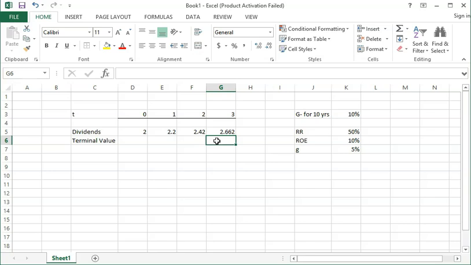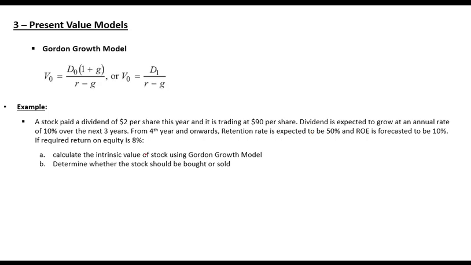Now I will calculate the terminal value. The formula would be this dividend multiplied by 1 plus growth rate, which is 5%, since beyond year 3 the growth rate will remain 5%, divided by R minus G. For that I need R as well, so I will copy R from here.